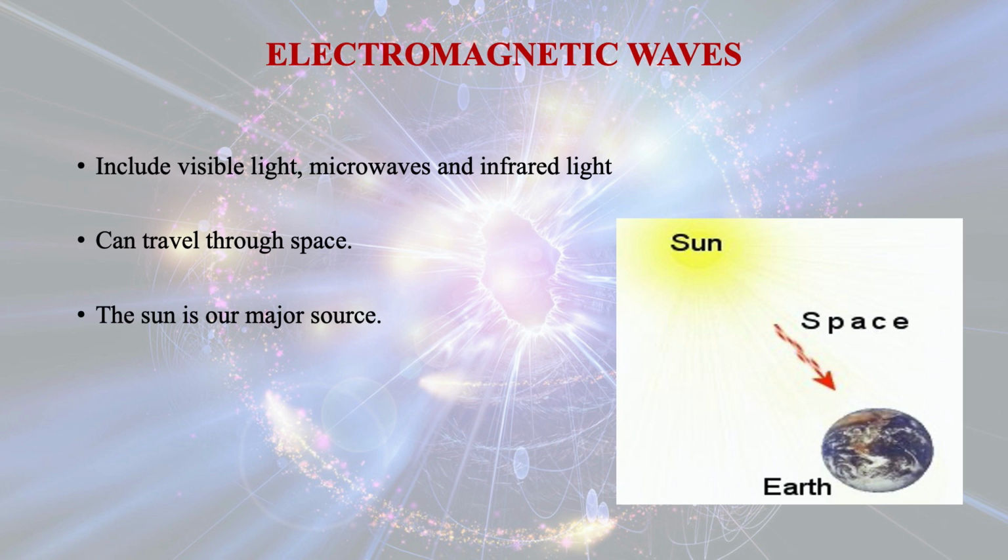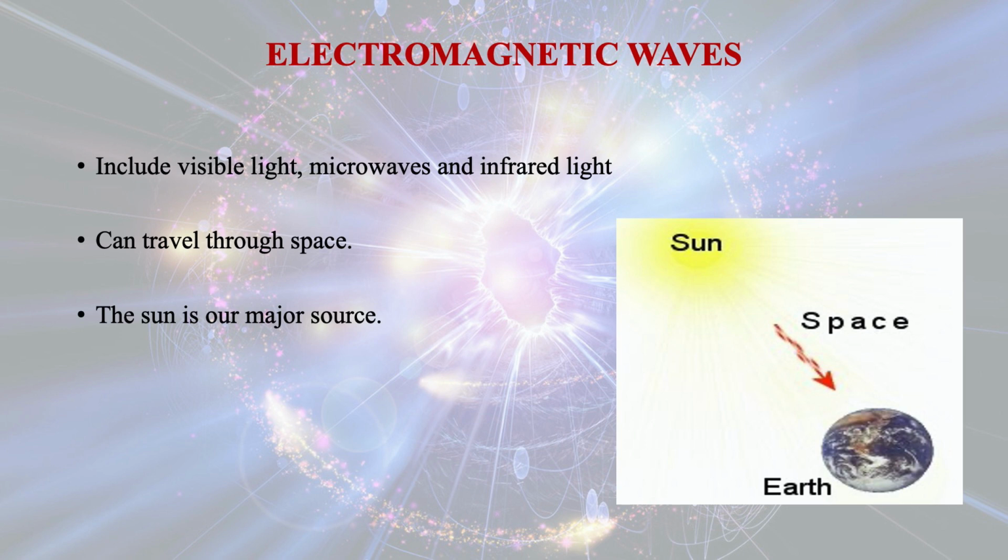The sun is our major source of these electromagnetic waves as energy. From the picture you see that we are getting energy from the electromagnetic waves coming from the sun, and we will not survive if solar energy is not available to us.